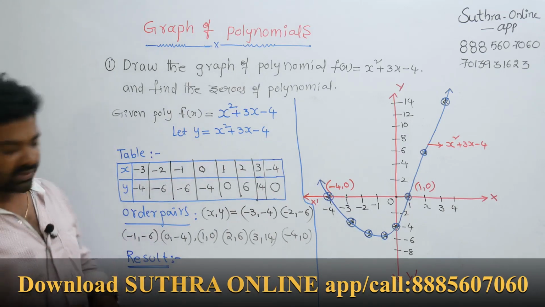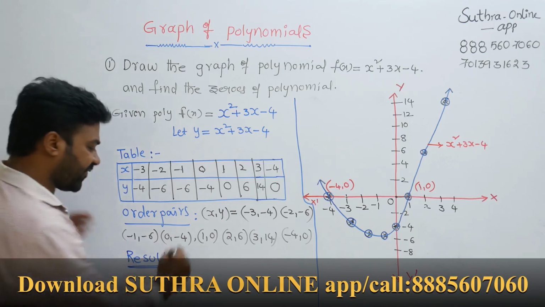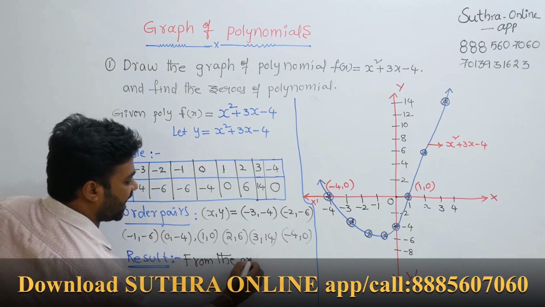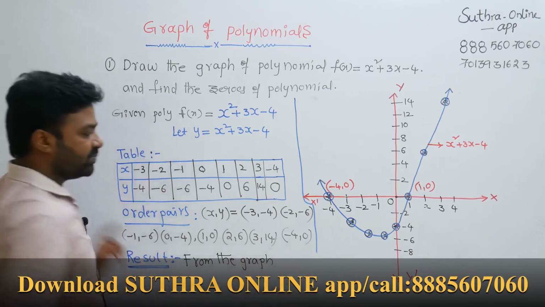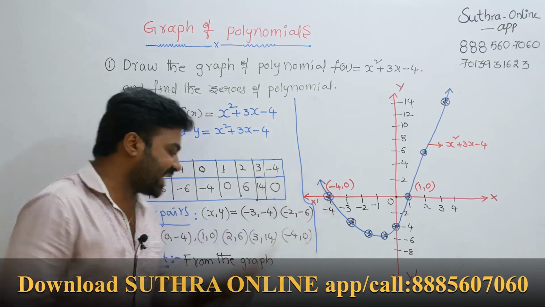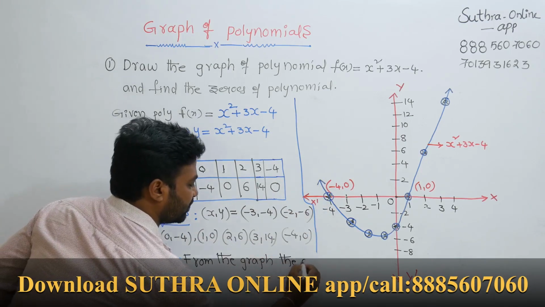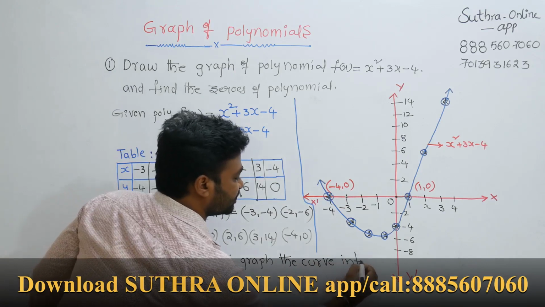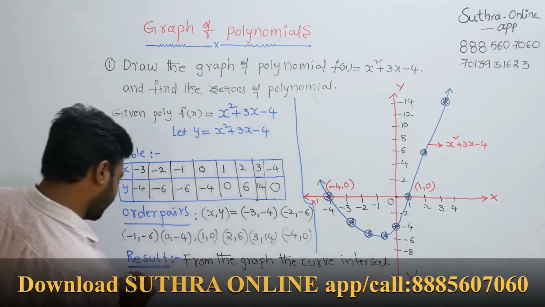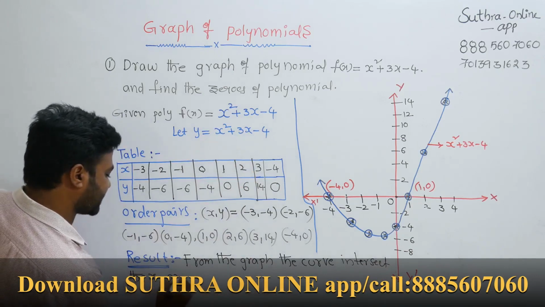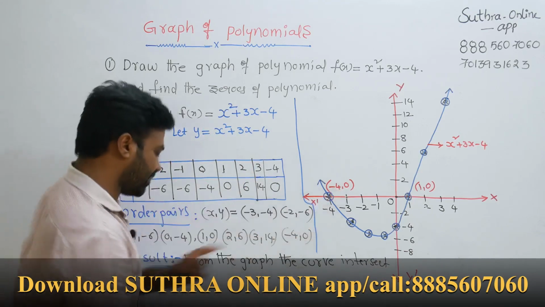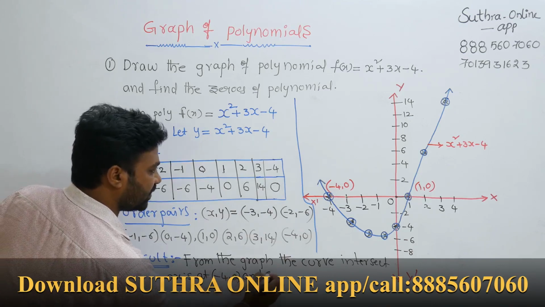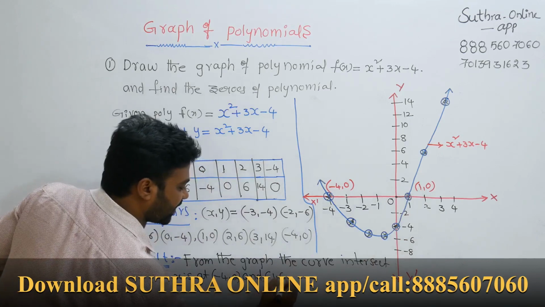So from the graph, the curve intersects the x-axis at minus 4 comma 0 and at 1 comma 0.